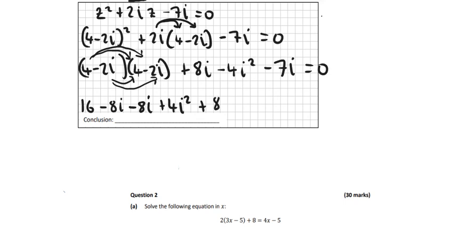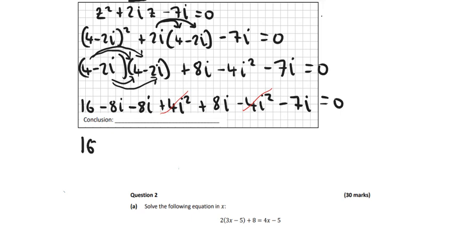Then I'm just bringing down the rest of them: plus 8i minus 4i squared minus 7i equals 0. What you'll notice is that you've got a plus 4i squared and a minus 4i squared, so they'll just cancel each other out. Plus 4i squared minus 4i squared will just be 0, so we don't have to worry about them anymore.